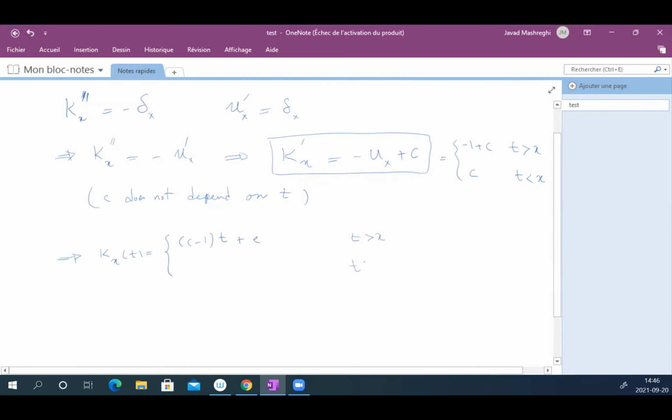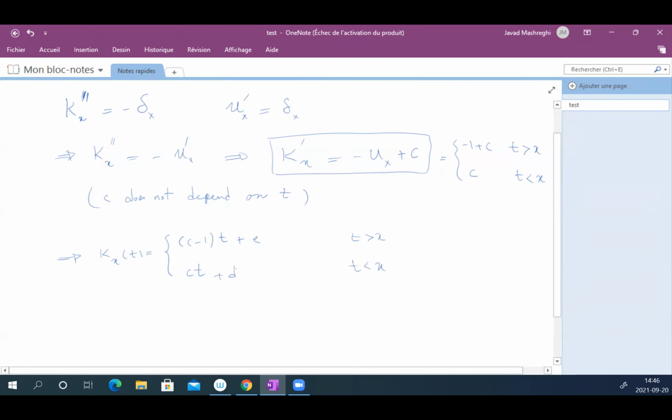And for t less than x it is just a constant, which becomes c times t plus another one, which I wrote d. Again, c, d, and e are constant with respect to t, but they can depend on x.